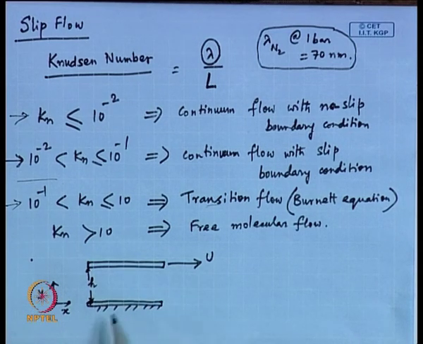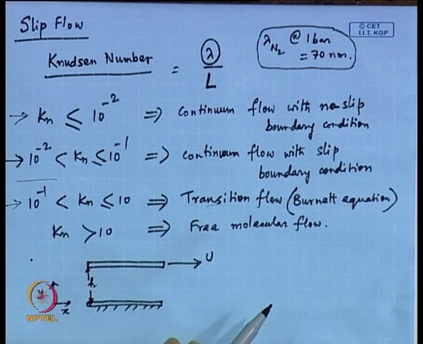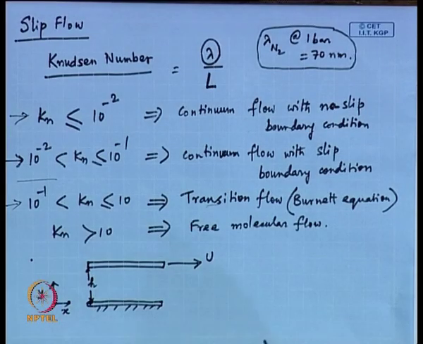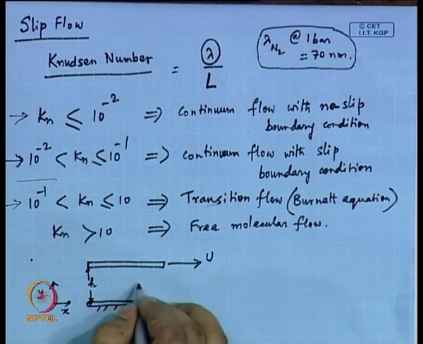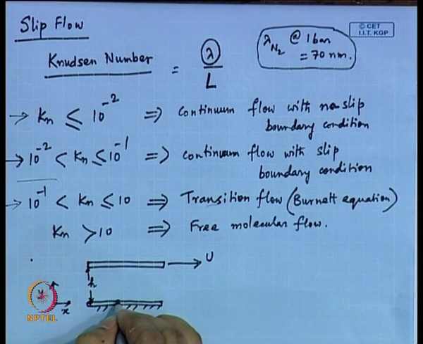Instead of that, we will use a different boundary condition, and that boundary condition will involve the mean free path, because you have to think about what happens at the boundary. You are assuming that these molecules are flowing and the molecule comes to a standstill at the wall.